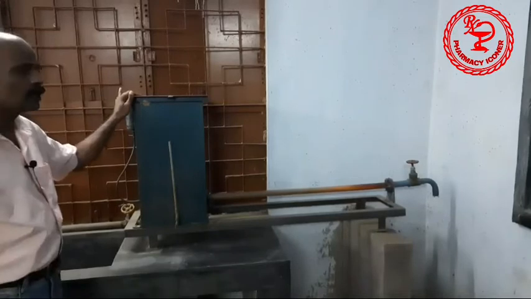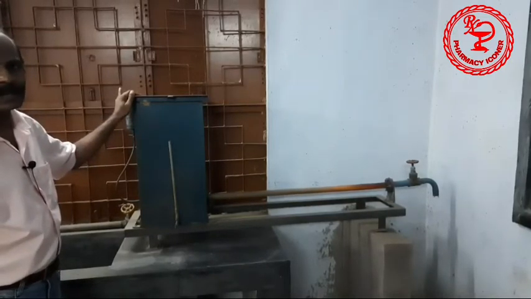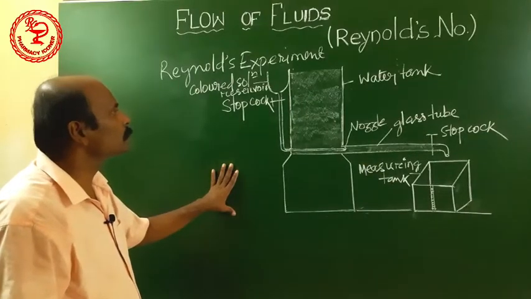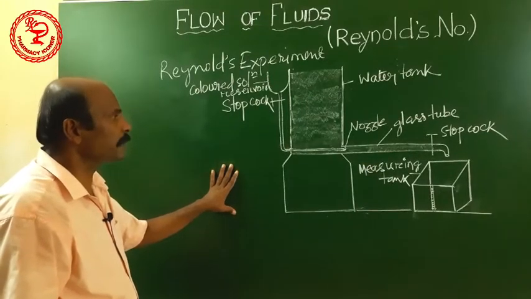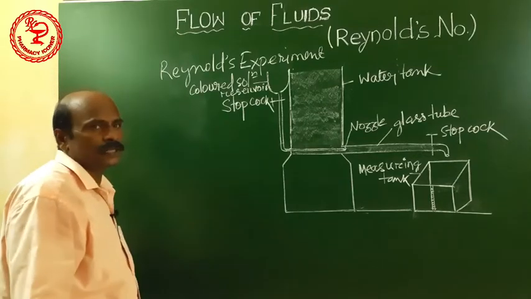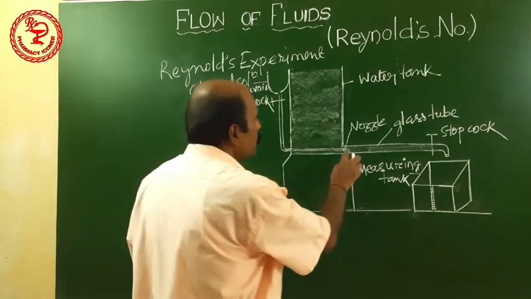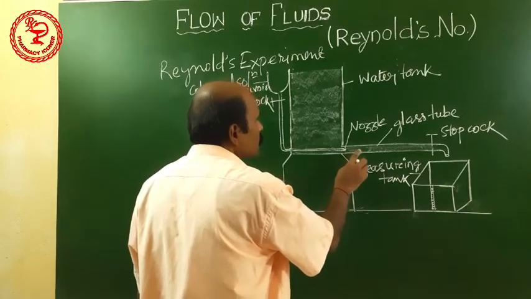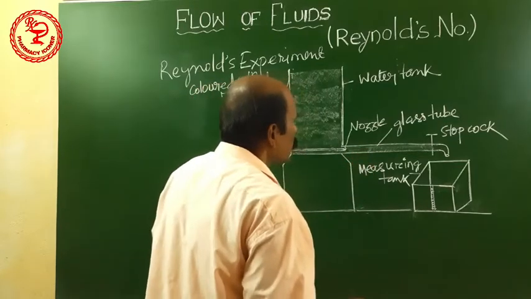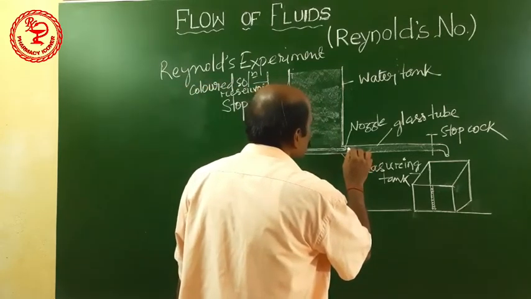Now we will go to the green board to discuss the observation of the Reynolds experiment. This is the pictorial view of the Reynolds experiment. Now we will discuss the observation. At low velocity of the flow of fluid, what will happen?